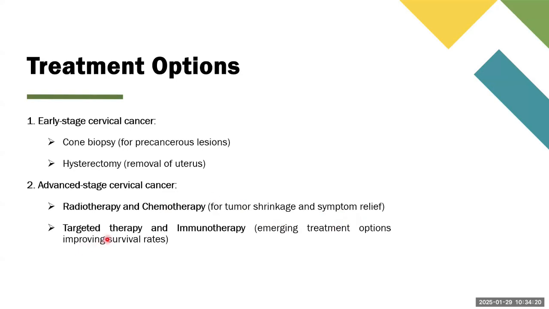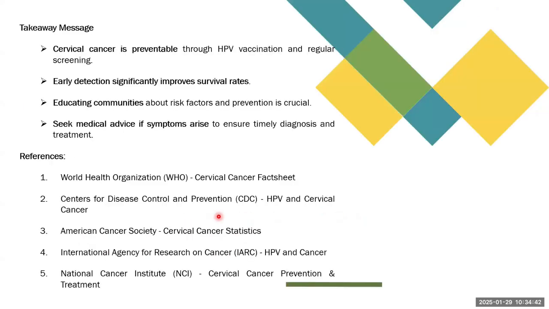Next comes targeted therapy and immunotherapy. These are relatively new therapies, like monoclonal antibodies or immunotherapy, targeted against specific types of cancers to improve the survival rates in advanced cancers, which can't be cured surgically or completely by orthodox types of radiotherapy or chemotherapy.